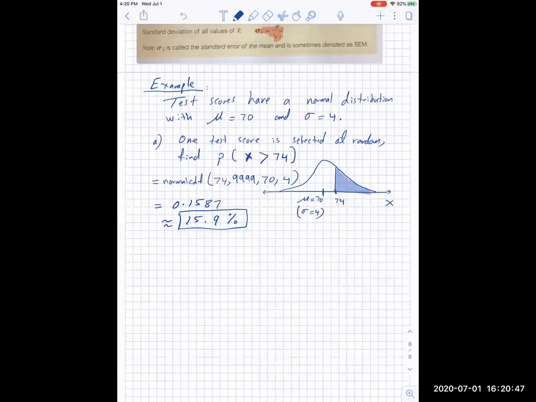All right. Now look at the second part. A sample of 9 students, or 9 test scores, is selected at random.